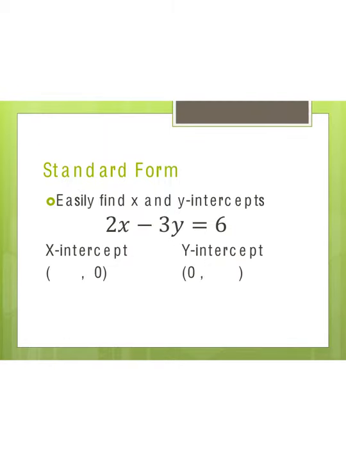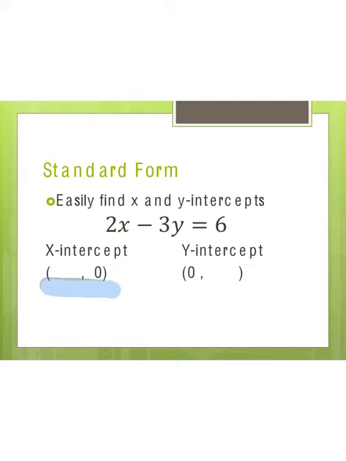The standard form doesn't give you the slope very easily, but you can easily find the x and the y-intercepts, because we know the x-intercepts are when y is 0. We can go ahead and replace the y with 0.